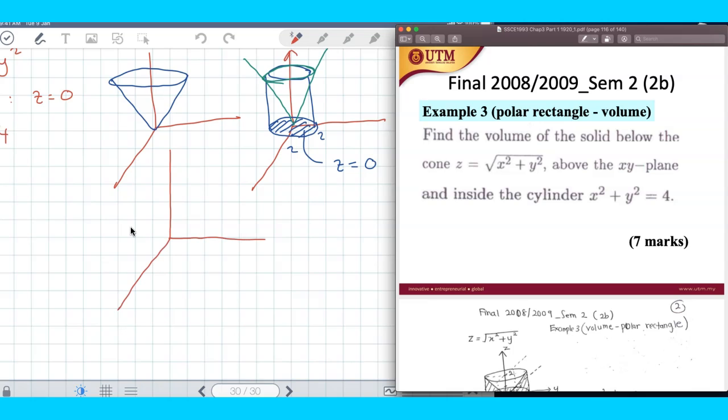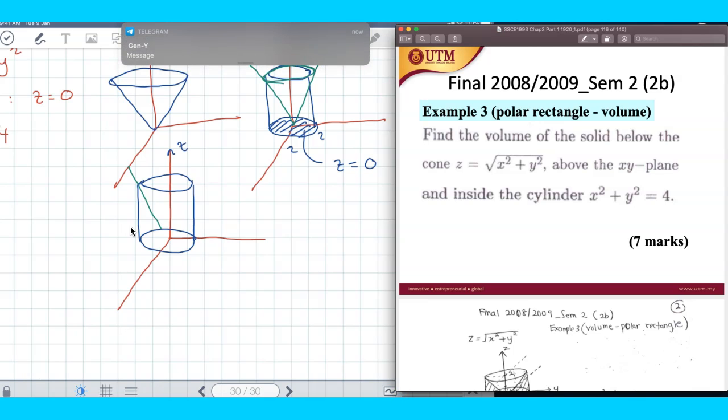I have the cylinder, and then I have the cone.